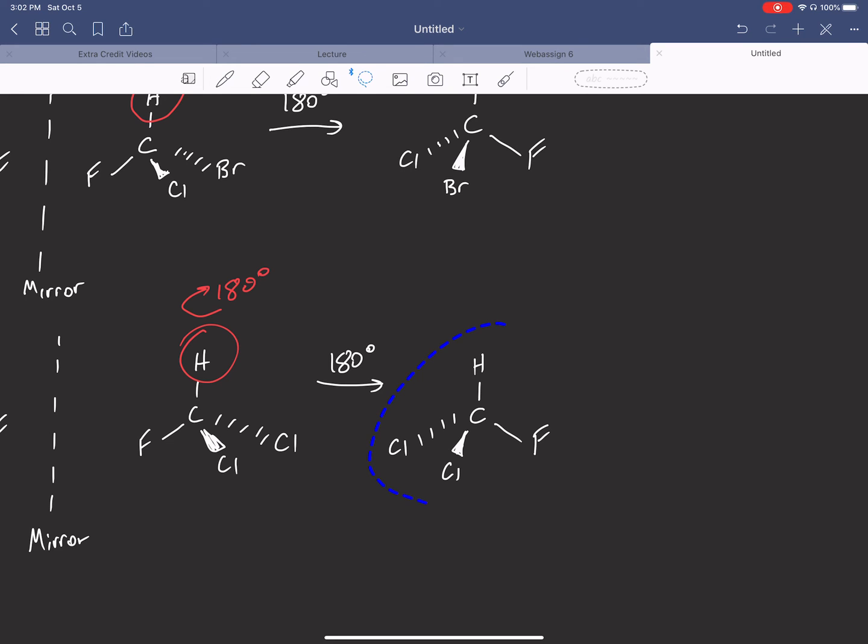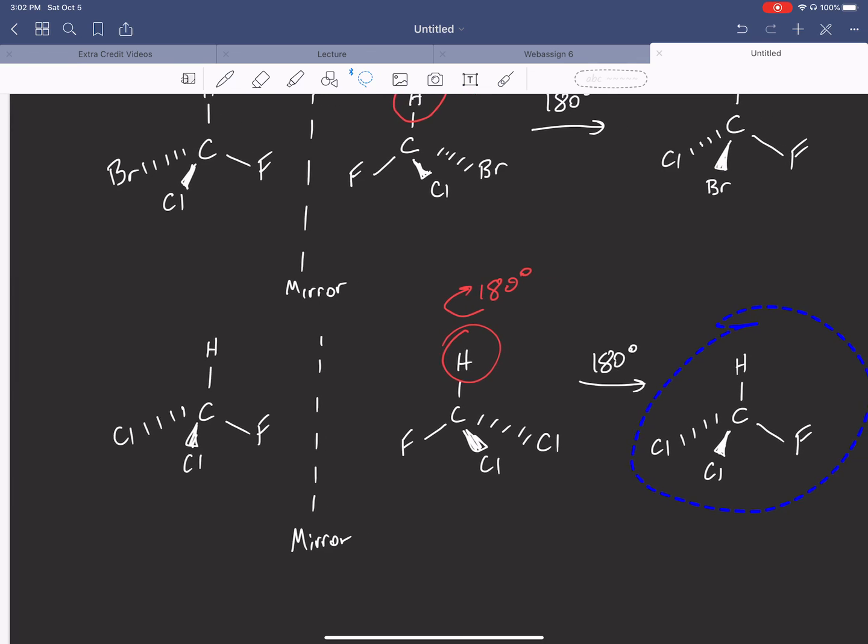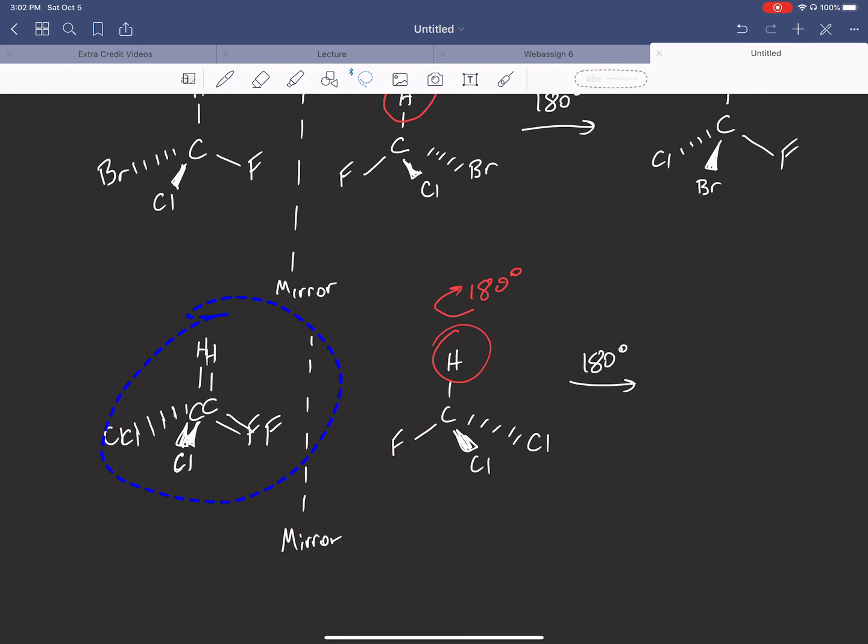So that's a 180 degree spin, and now let's try to superpose them. Perfect overlap. Carbon and hydrogen, the fluorines, and the 2 chlorines. And so because we can overlap the mirror image onto the original, it is in fact going to be achiral.